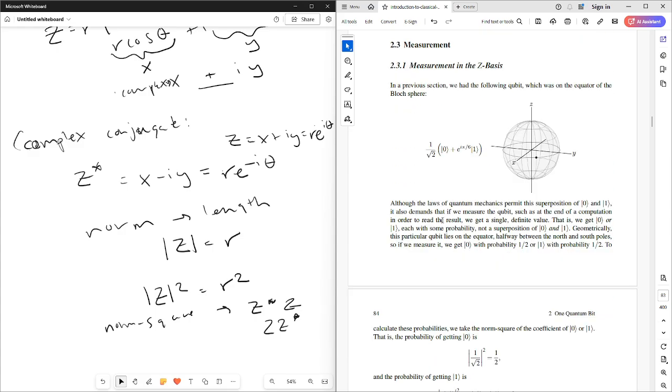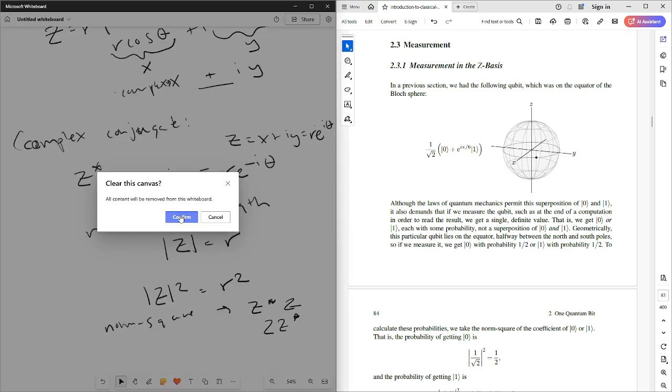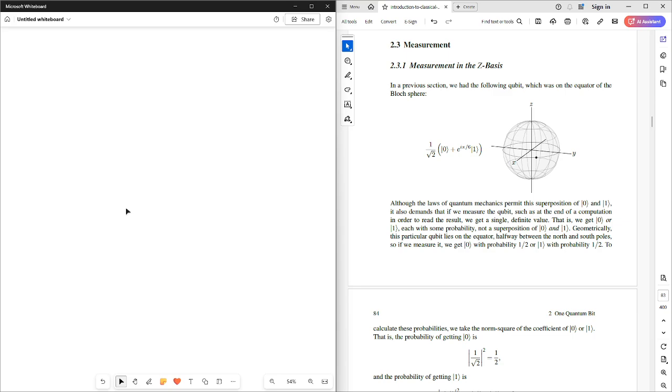All right, measurement. Let's look at this example they give us here.